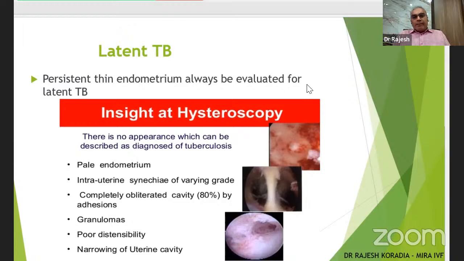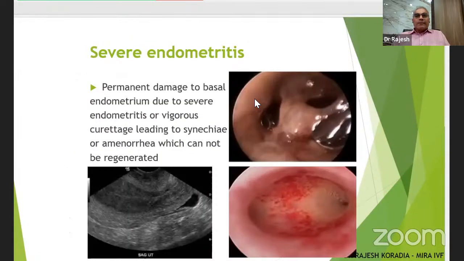You may find pale endometrium, intrauterine synechiae of varying grade, a completely obliterated cavity, 80% by adhesions, granulomas, poor distensibility, and narrowing of the uterine cavity. So these are the varied pictures of latent tuberculosis.